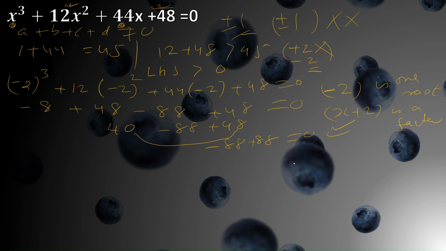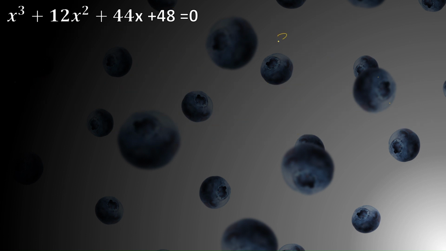Now we can do the splitting. So we have confirmed that x plus 2 is a factor. Now just do the splitting. 48 in place of 2 means 48 has to be made as 2. So what do we have to take common? Obviously 24.